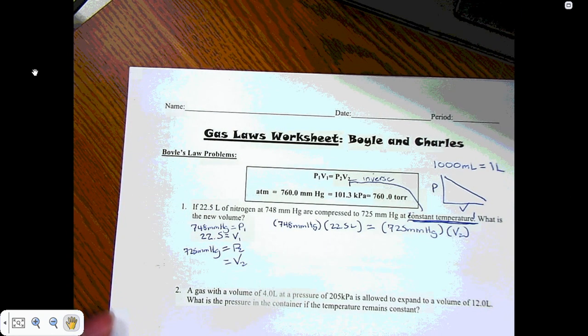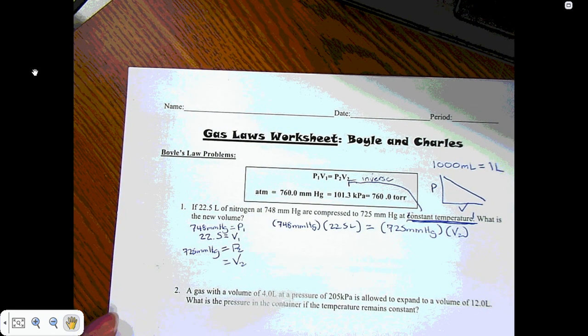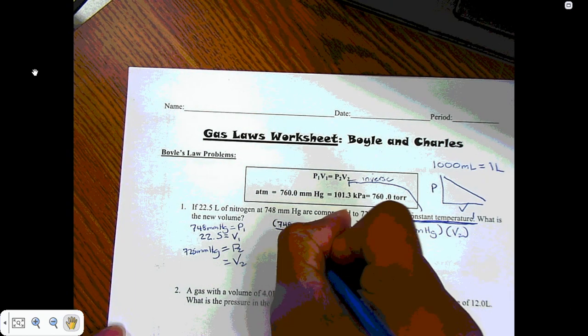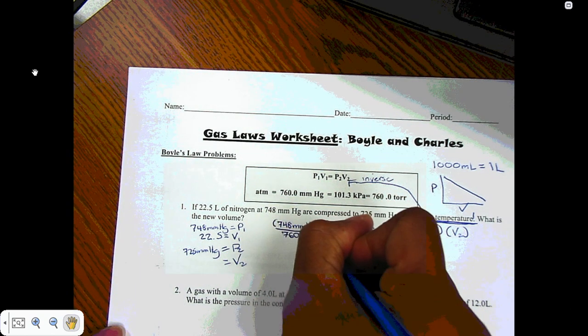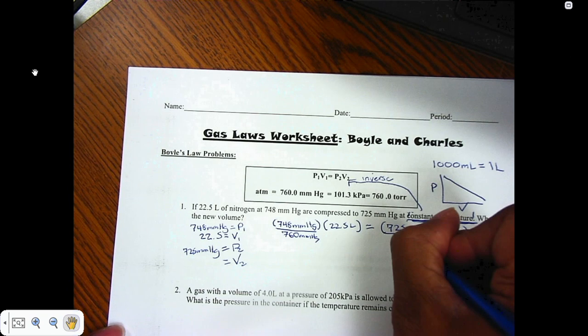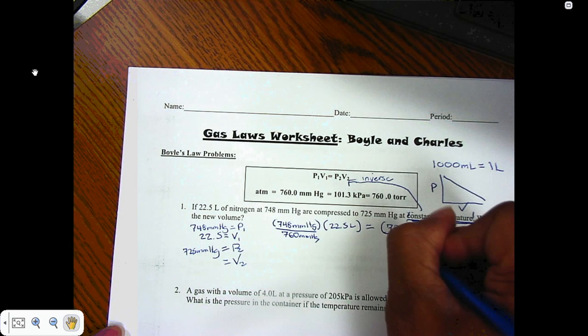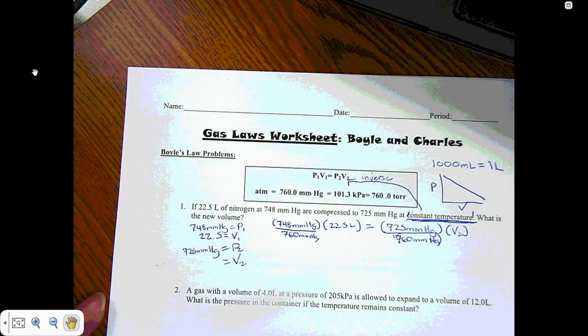I'm then going to proceed to divide each of those pressure units by 760, because that's going to convert these to ATMs. So dividing those converts those to ATMs.